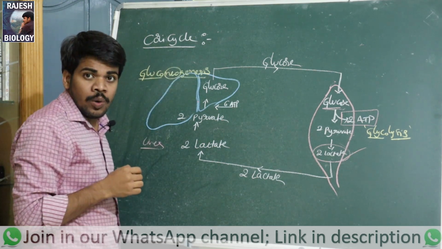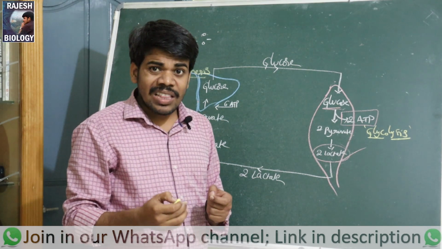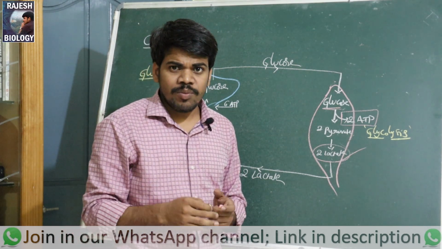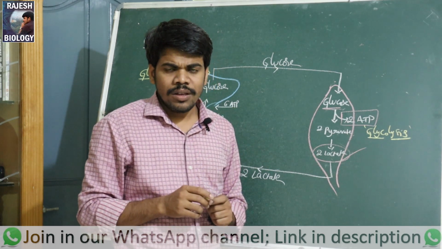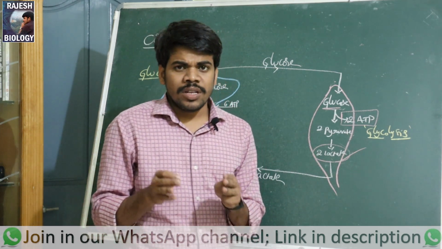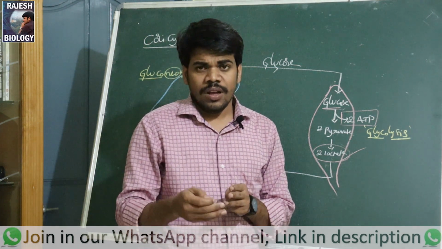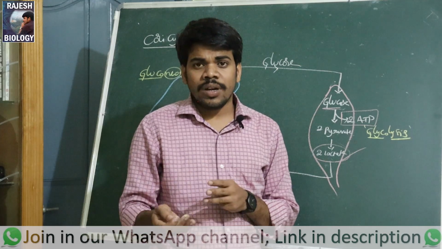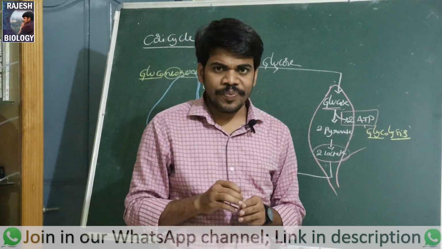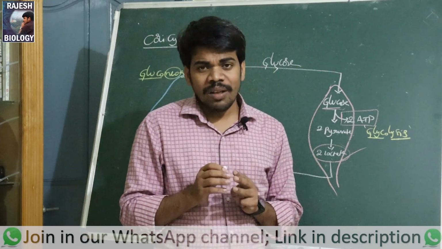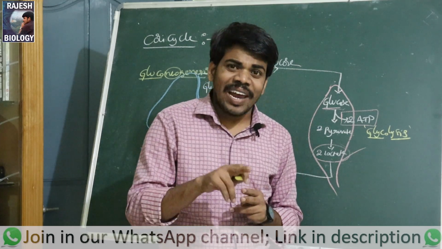What is meant by neo? Neo means new. Formation of glucose from sources other than glycogen is known as gluconeogenesis. You may know that glucose is formed from carbohydrates like starch, or from fats and lipids. That is called glycogenesis. But glucose is formed from sources other than fat also.